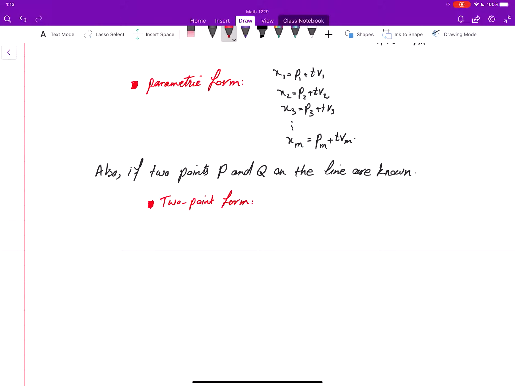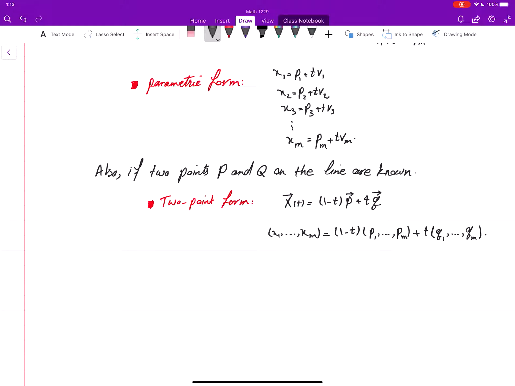In that case, again, we have x(t) equals (1 minus t) P plus t times Q. This vector equation is exactly the same thing, but when you write down the components, it will show its difference, that our points in R^m have m components, and vectors will have m components.